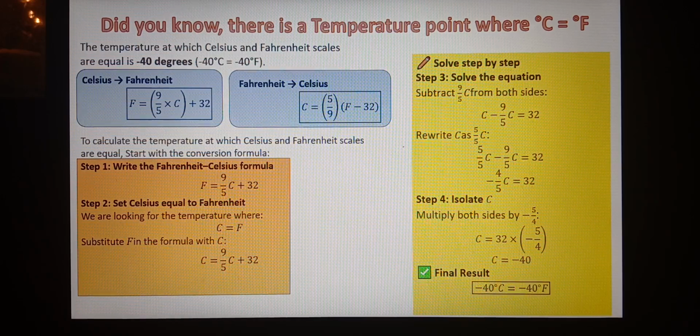There is a step 1, a step 2, a step 3, and a step 4 to solve this equation. I won't go through everything; I'll just let you take a screenshot of this and go through the mathematics for yourself.